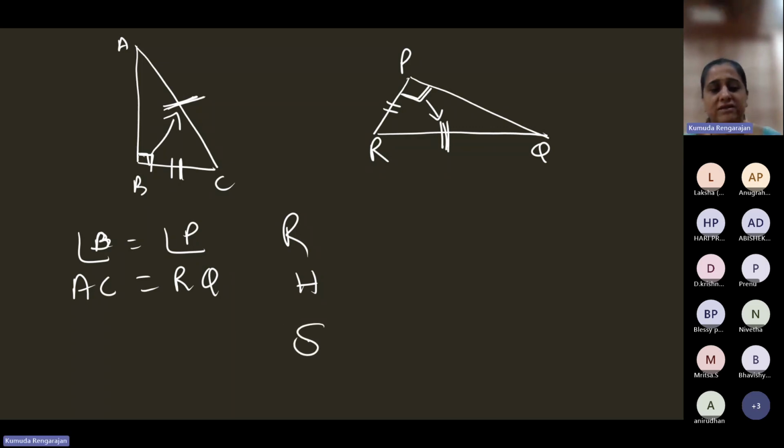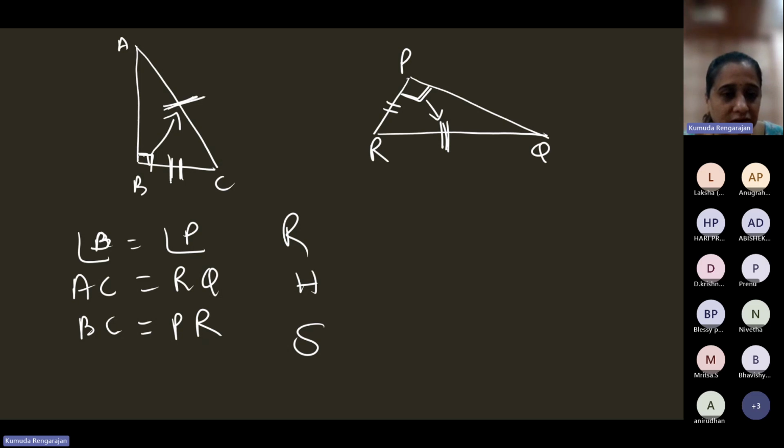Then any side, RHS, any side. There are two remaining sides, no? Other than the hypotenuse, there are two remaining sides. Any side. So side BC of the first triangle is equal to side PR of the second triangle. Side BC is equal to PR.